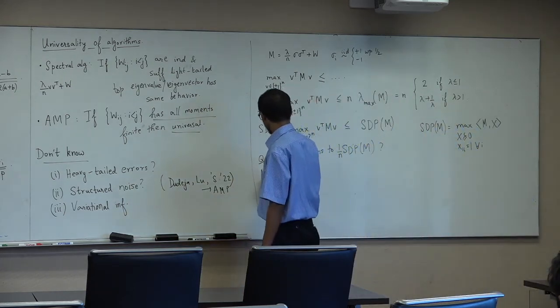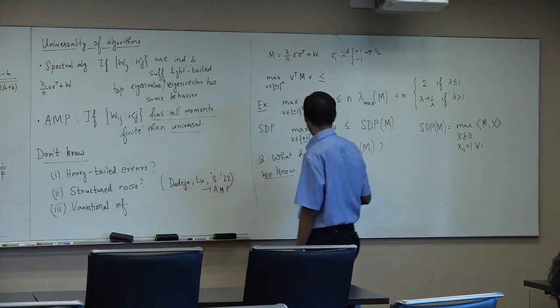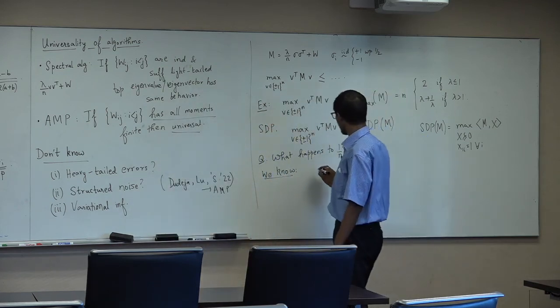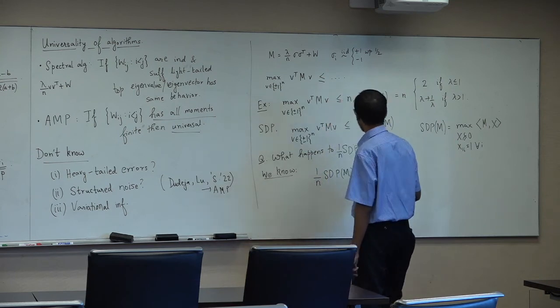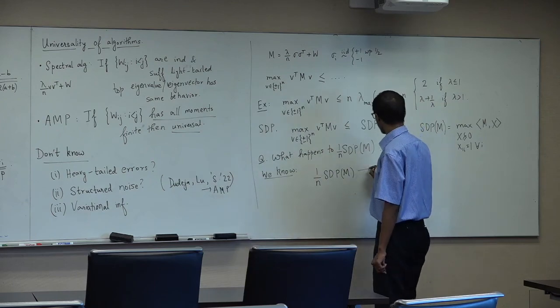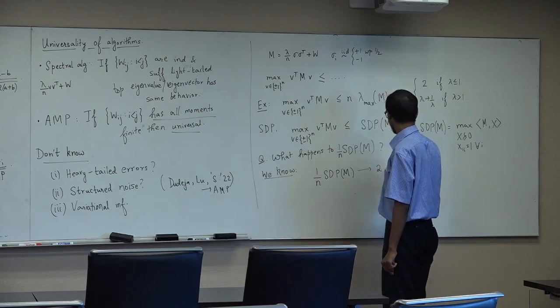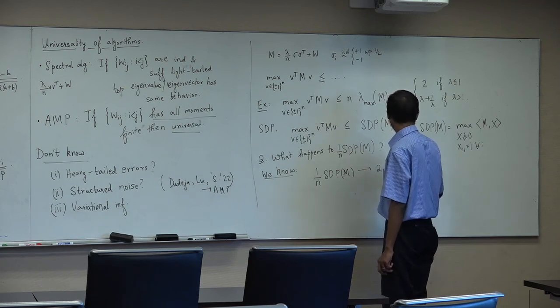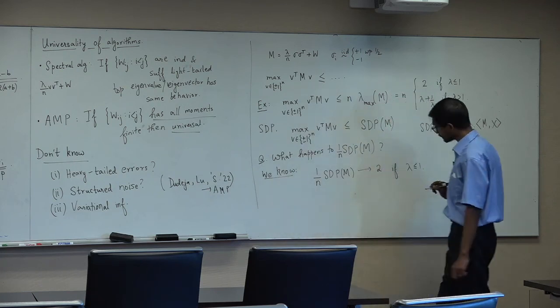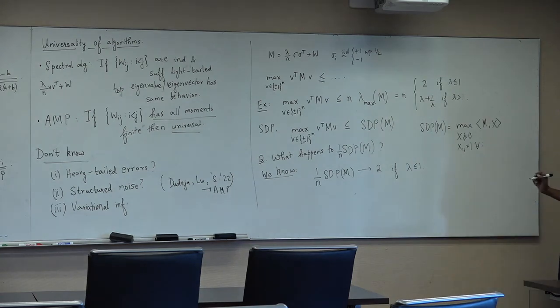What we know is that if you look at 1 over n SDP of M, this converges to 2 if lambda is less than 1. Okay, this we know.